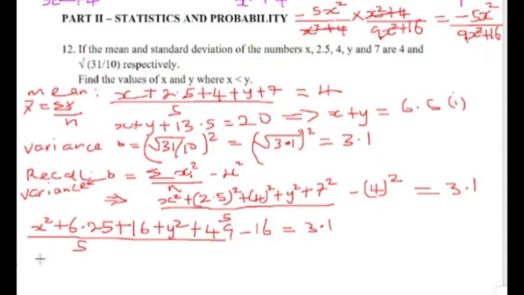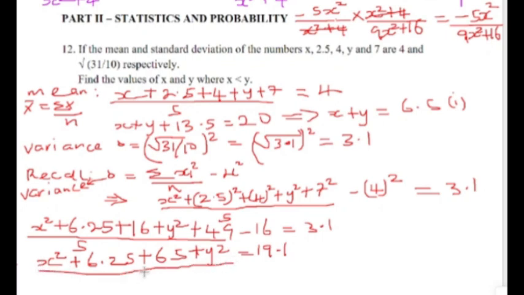I'll rewrite this to be x squared plus 6.25 plus 16 plus 49, that gives us 65, plus y squared equals 16.1 plus 16 plus 3.1. So we can simply write that to be 19.1. Everything is still divided by 5, remember? This 5 is still there.